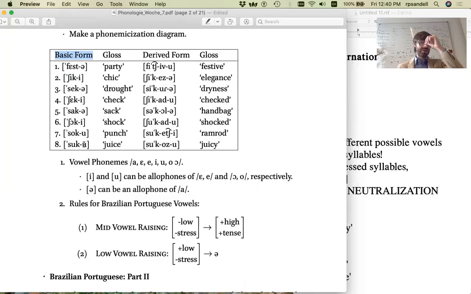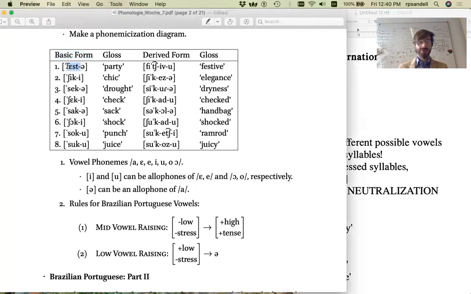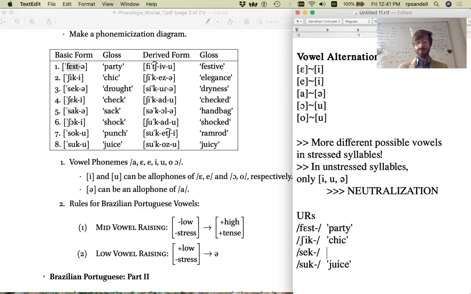Okay, so we've already got an idea there, and if we wanted to be systematic, we could type up or copy in all of the rest of the underlying representations here. So we would have best, cheek, and the word for drought, sake, and so on.